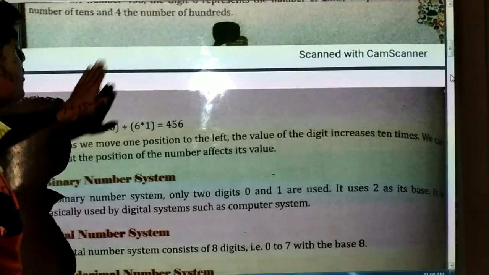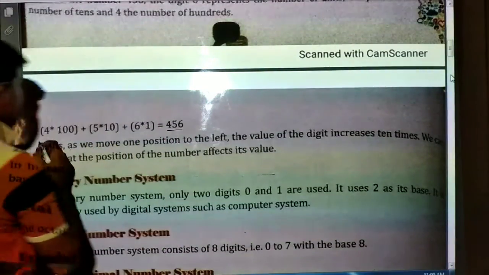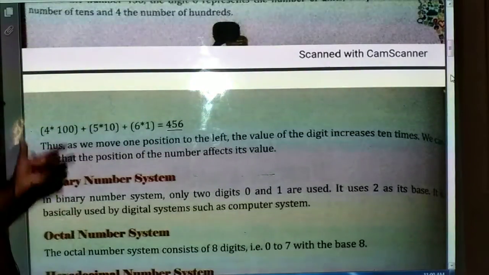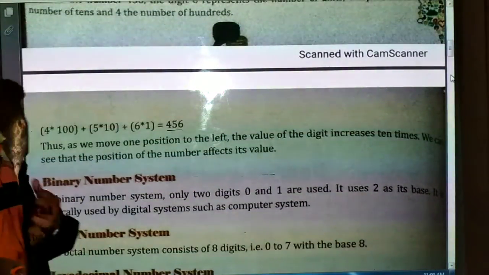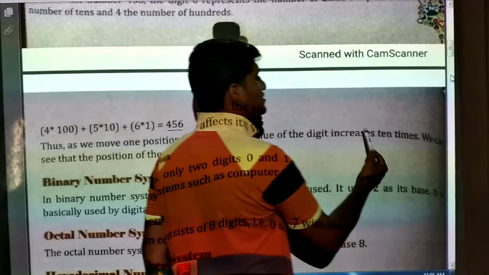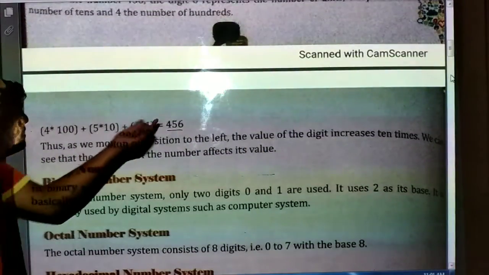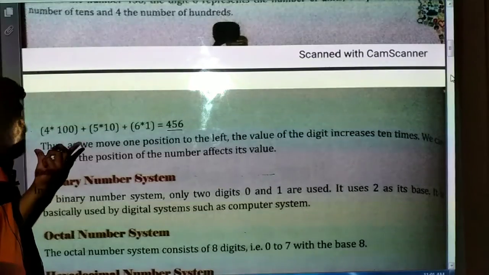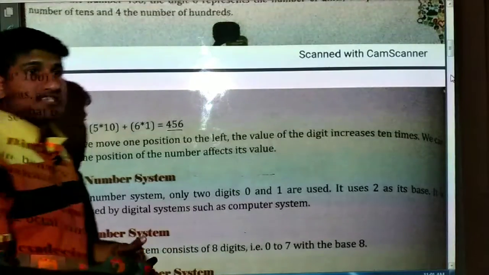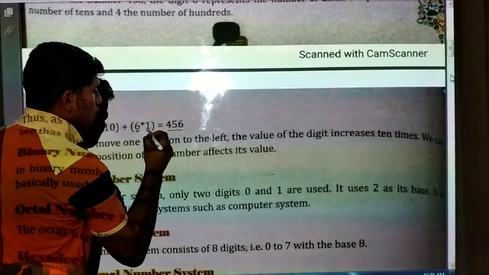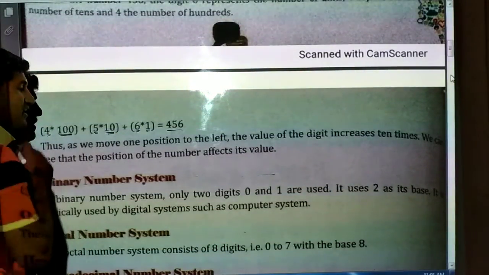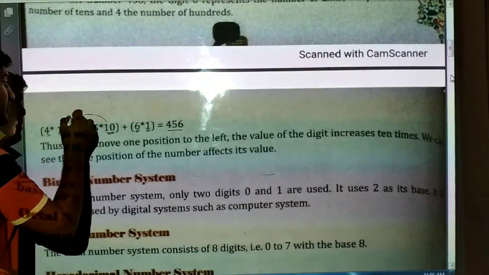Now we can also write 456 as 4 multiply 100 plus 5 multiply 10 plus 6 multiply 1. So this addition will also be equal to 456. Thus as we move one position to the left, the value of the digit increases 10 times. जैसे ही हम लेफ्ट की साइड में मूव करते हैं तो हर एक पोजीशन पे डिजिट्स की वैल्यू 10 टाइम्स इंक्रीज होती है. जैसे देखो, 6 1 के साथ है, लेकिन 5 को मल्टीप्लाई करना पड़ेगा 10 के साथ, and 4 को मल्टीप्लाई करेंगे 100 के साथ, then here 10 times increase हो गया.